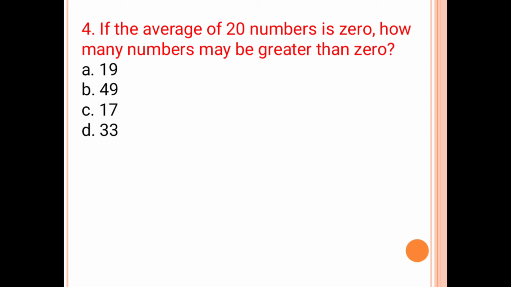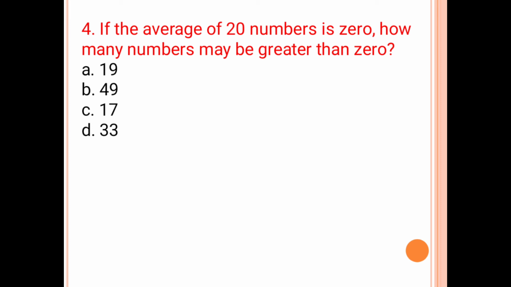Likewise, here they asked how many negative values and positive values may be considered. But what is the question? We want to find out the values greater than 0 only. How many possible numbers are available greater than 0?